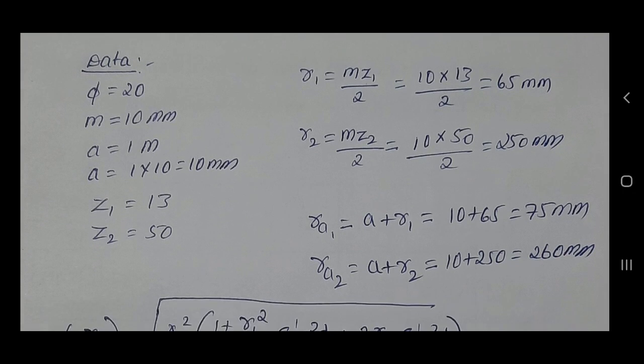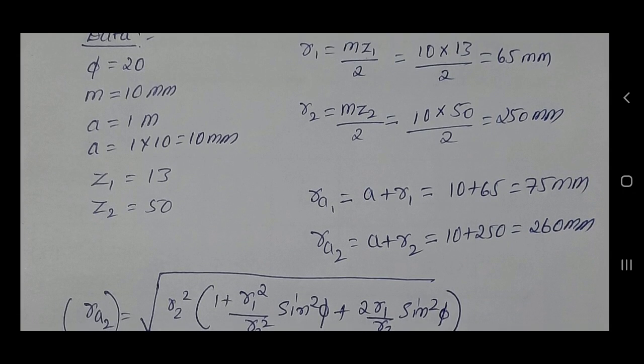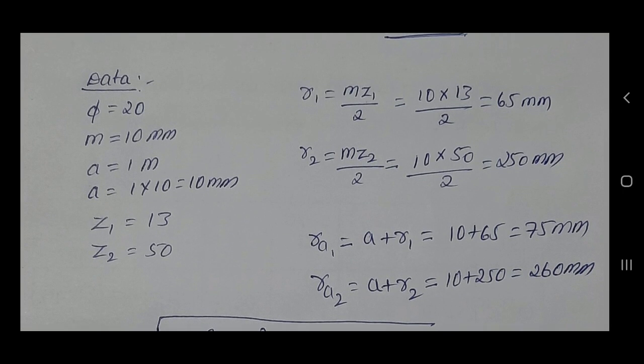So RA1 is equal to A plus R1, that is 10 plus 65, which is 75 millimeter. Similarly, for the second gear, RA2 is equal to A plus R2, that is 10 plus 250, equal to 260 millimeter. We followed this procedure for the previous problem also.